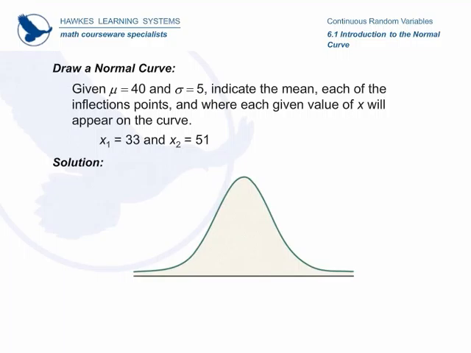So for our solution, we see our curve, and we've got our mean of 40 and our standard deviation of 5. So we can draw our data point of x sub 1 at 33 and our data point of x sub 2 at 51.